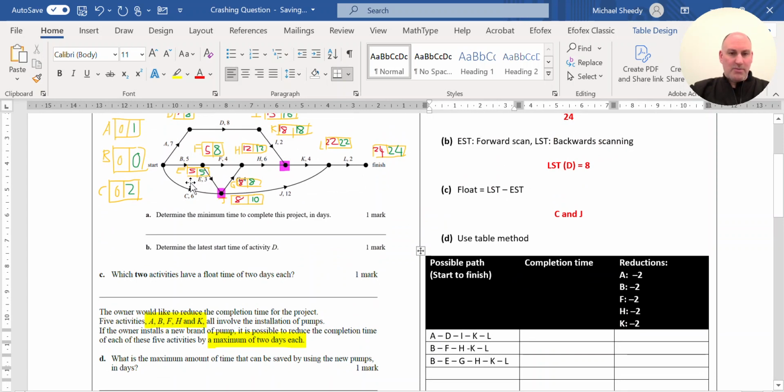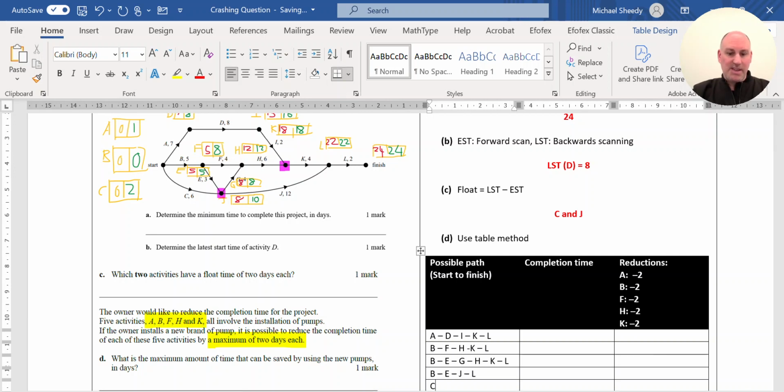Then we would have B, E, J, L is another way through that network. So B, E, J, L. And then we can start by going through activity C first.